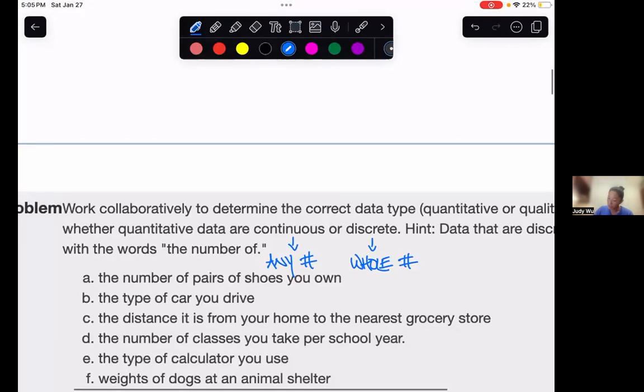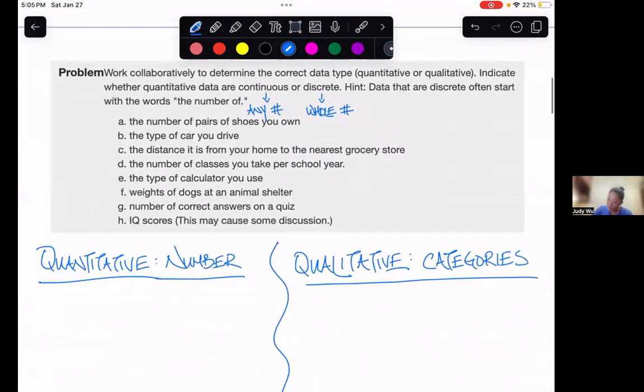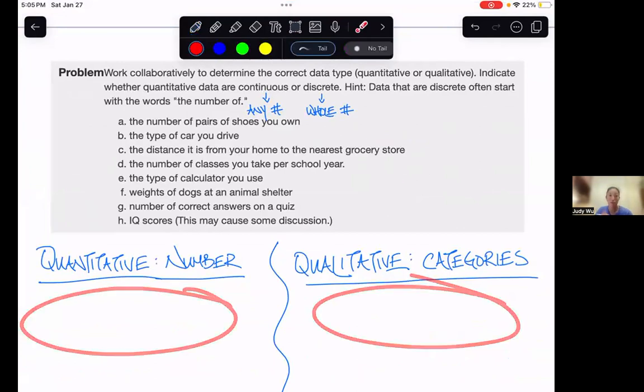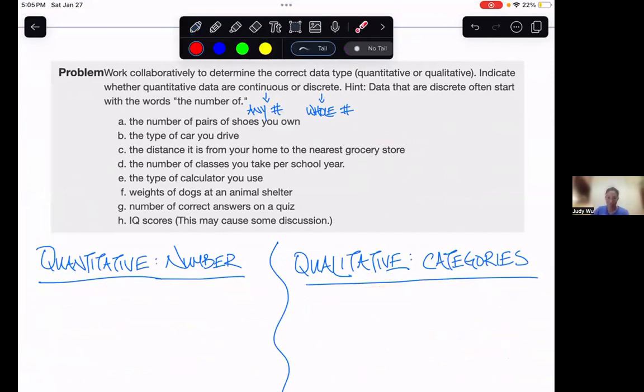All right, so let's take a look at the examples that we have here. And all we're going to do is write the letters in one of the two categories, depending on which one it is. All right, so the number of pairs of shoes that you own, I'm going to say that that's a quantitative because I have an actual number of pairs of shoes, okay?